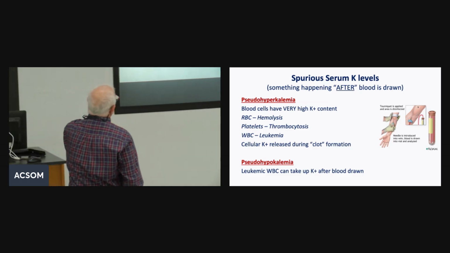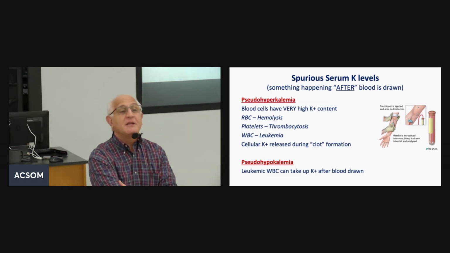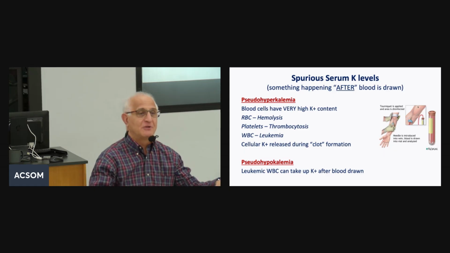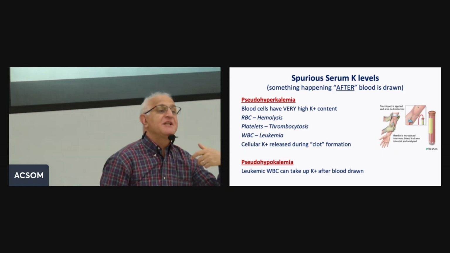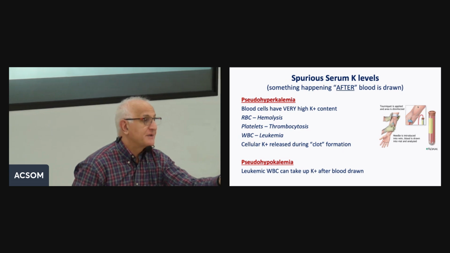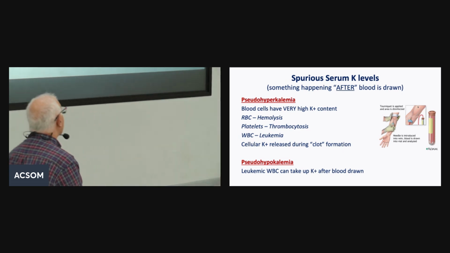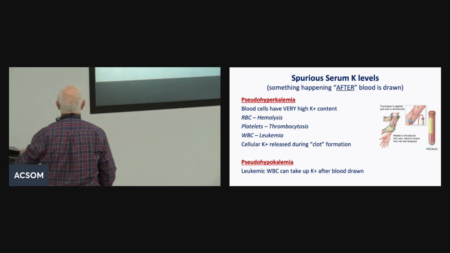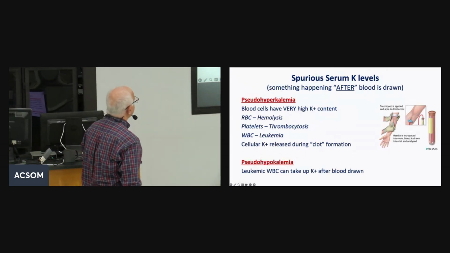So spurious serum potassium levels means that in our body, we have normal serum potassium levels. After you draw it, you send it to the lab, they give you an erroneous result, because after you draw it, something has happened. There are two situations. One is pseudo hyperkalemia, and one is pseudo hypokalemia.